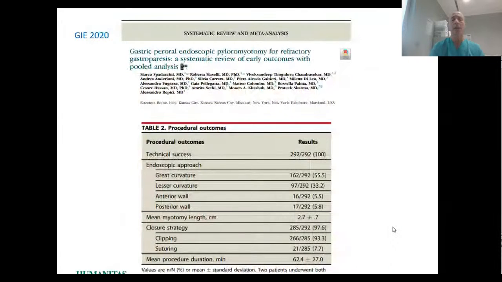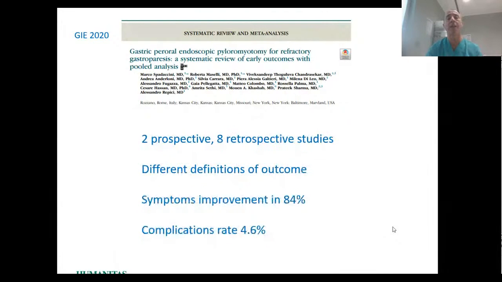So we have published very recently, 6 months ago, the largest systematic review on early outcome of G-POEM. Unfortunately, there are only retrospective series, so we got data from about 10 studies, and there were different definitions of outcome.